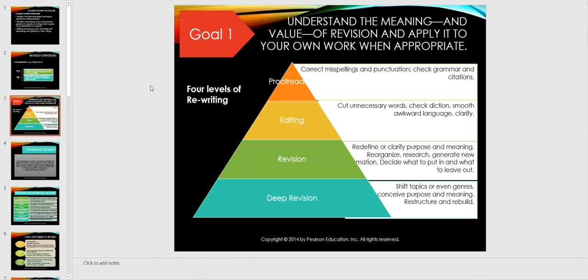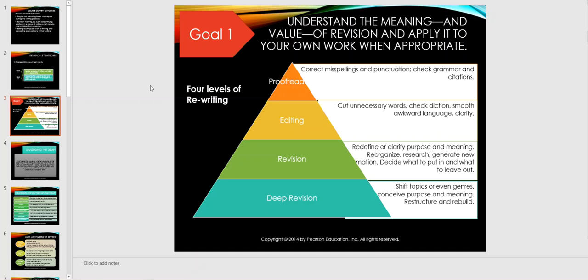If we look at four levels of rewriting, from a global issue to a more local issue, deep revision is meant to really tear apart an original draft and restructure its organizational content, its purpose, its meaning.